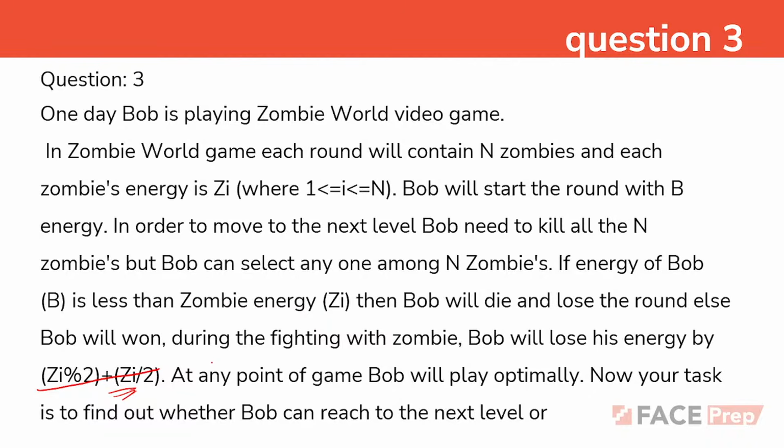So we need to check each and every time Bob's health against the zombie's health. If Bob's health is lesser than the zombie's, we can declare that Bob is going to die.